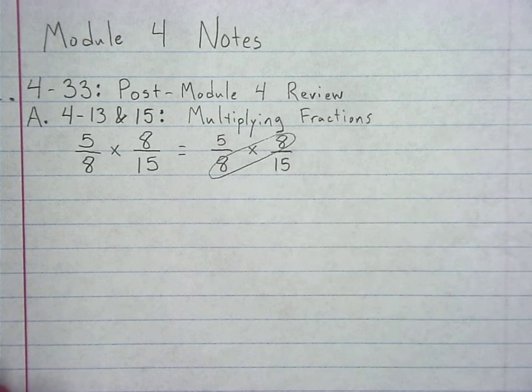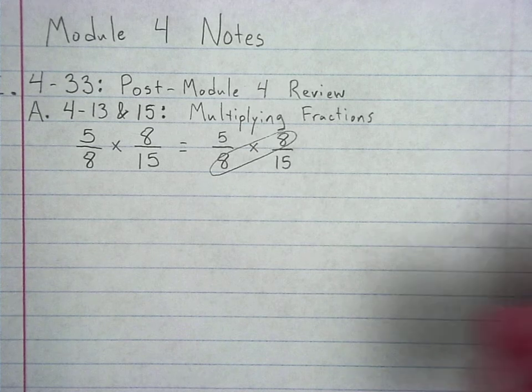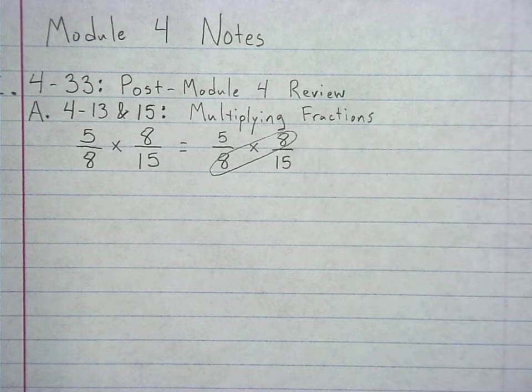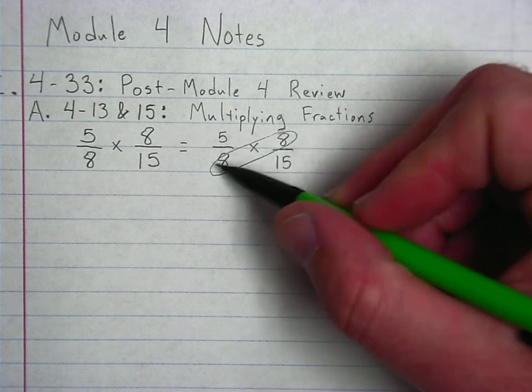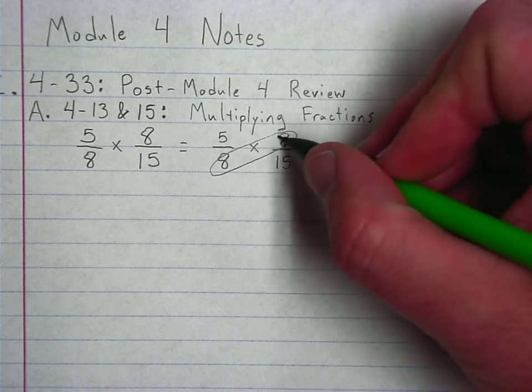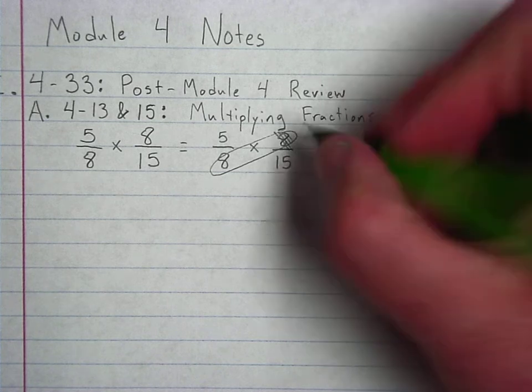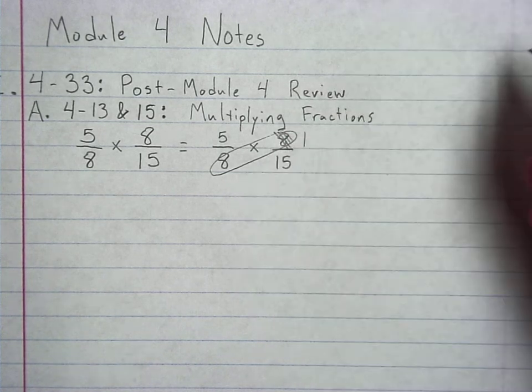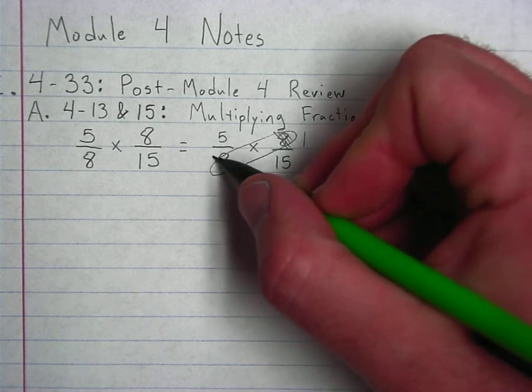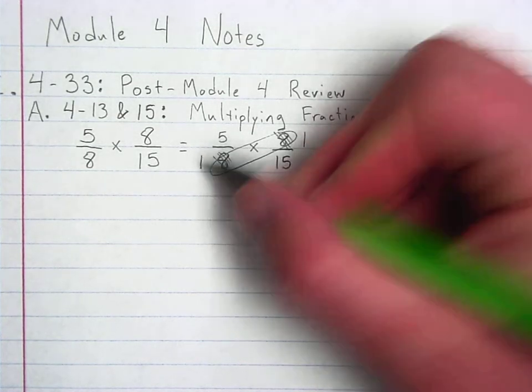And I'm going to treat it like a fraction just by itself. 8/8. Well, if I have 8/8, that's pretty easy to simplify. It's just 1. So when that's the case, 8 divided by 8 is 1.